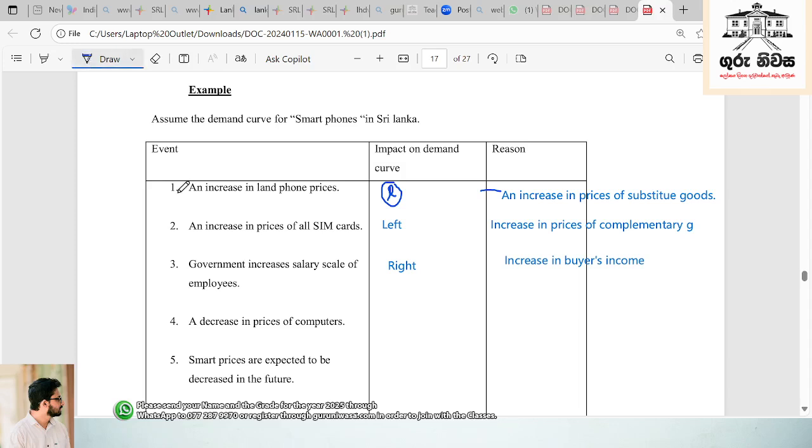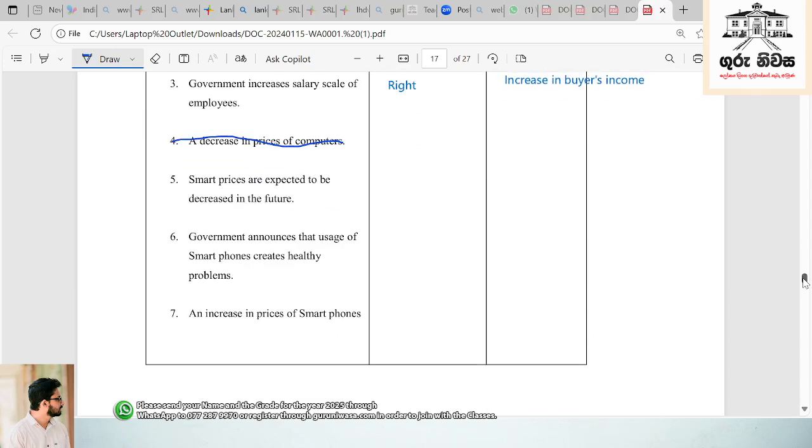Fourth one, forget it: a decrease in prices of computers. Fifth one: smartphone prices are expected to decrease in the future.